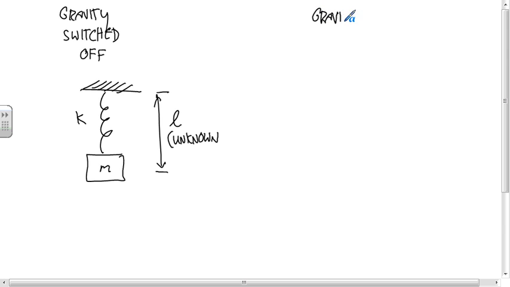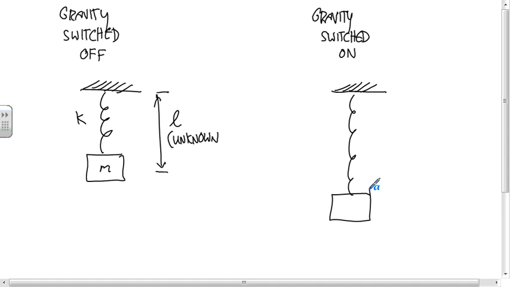Now switch on gravity. That mass will be pulled down.